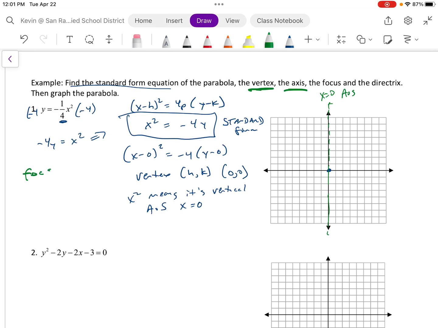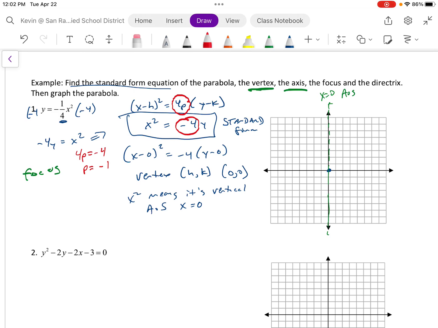So my vertex we got, my axis we got, I need my focus. My focus is going to be p units from my vertex, so I need to figure out what p is. Whatever value is outside here is 4p. Here I have negative 4 outside, so 4p equals negative 4, so p equals negative 1.